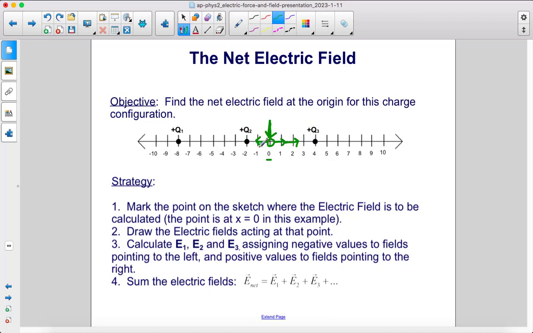So here are our three electric field vectors. Calculate the magnitudes of those vectors, assigning negative values to fields that point to the left. So this is going to be a negative value. These will be positive values. And then we're going to sum them up and find the net electric field.